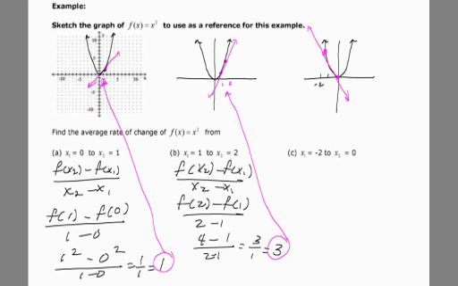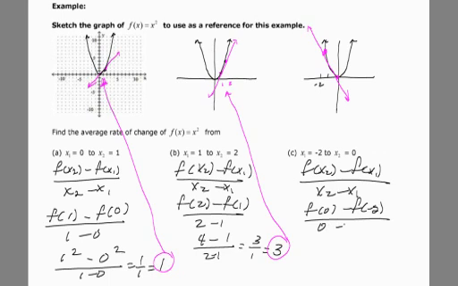Let's see if that happens when we calculate the slope of that line. It's f of x2 minus f of x1 all over x2 minus x1. So it's going to be f of 0 minus f of -2 all over 0 minus a -2. Going back to the original function, f of x equal x squared, f of 0 is equal to 0, f of -2 will be 4, over 0 plus 2.